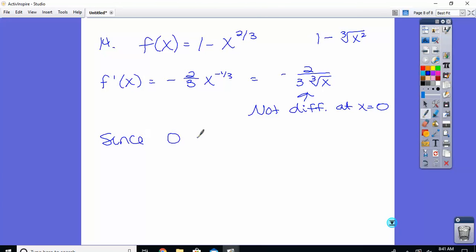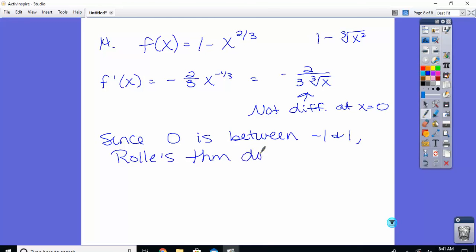Since 0 is between negative 1 and 1, Rolle's theorem does not work. We can't use Rolle's theorem because the conditions were not true. So those two questions were really just trying to make you think about Rolle's theorem and mean value theorem a little bit more.